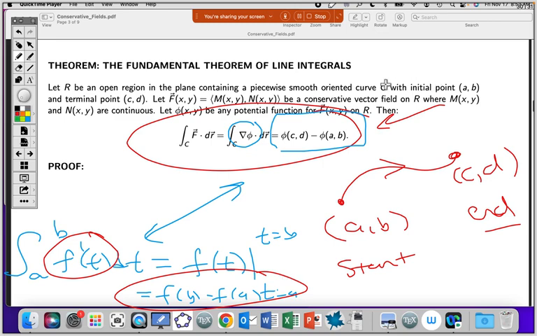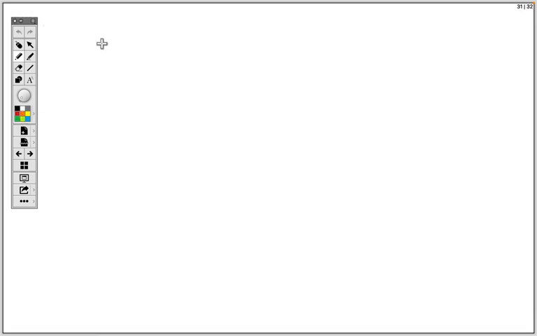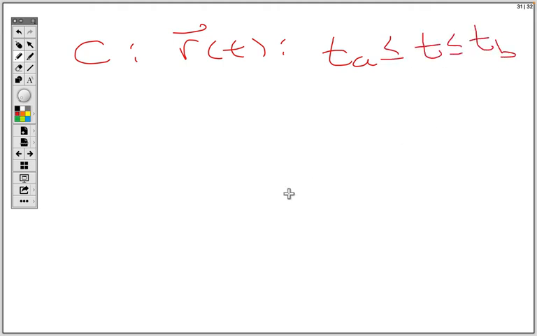In fact, if you wanted to see that more explicitly, if you parameterize C as r of t between some values, let's say t_a and t_b, then you could use the chain rule we had.